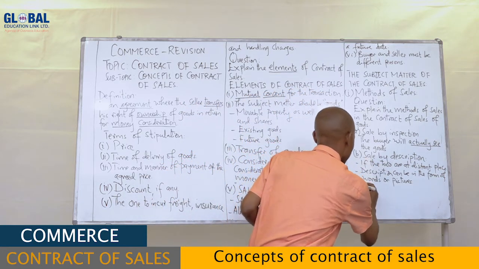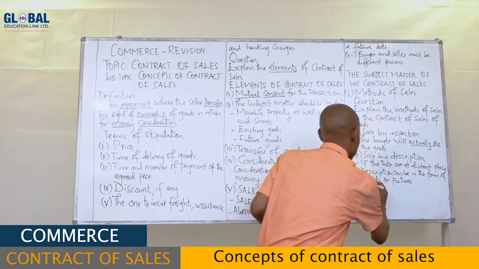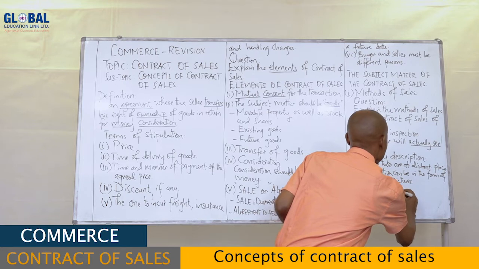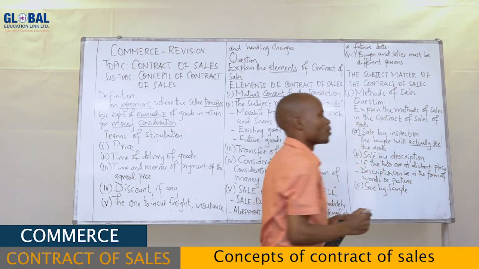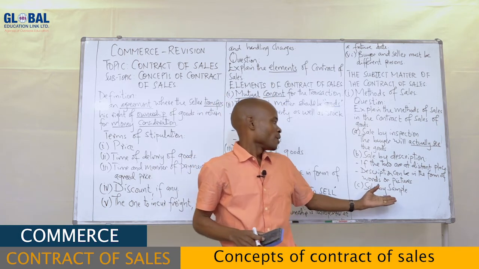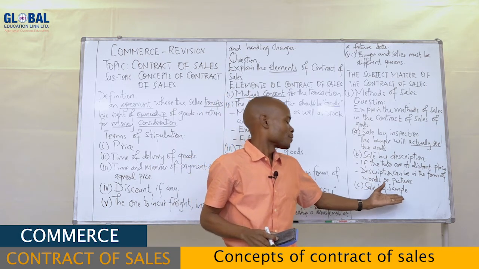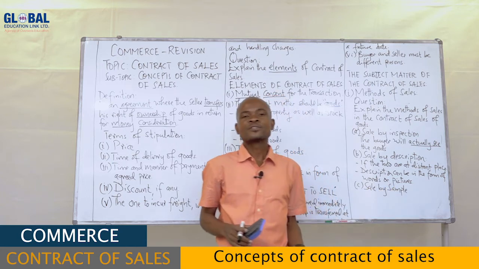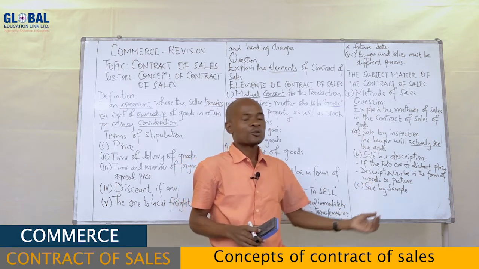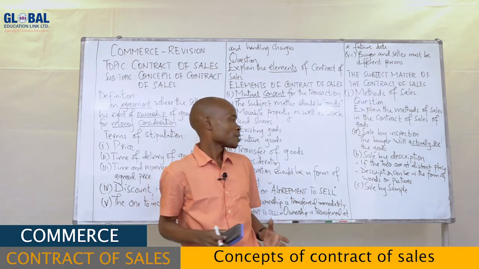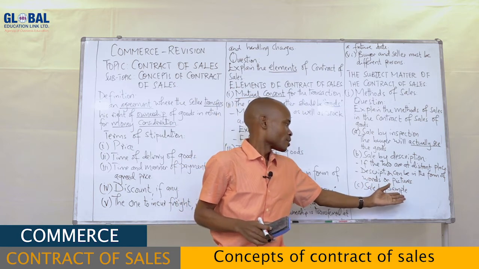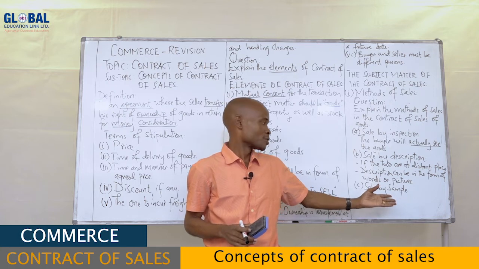Another method is called sale by sample. In this case, the sample will be sent to the buyer, and the buyer will be required to satisfy himself and to be convinced that he or she is comfortable with the goods.